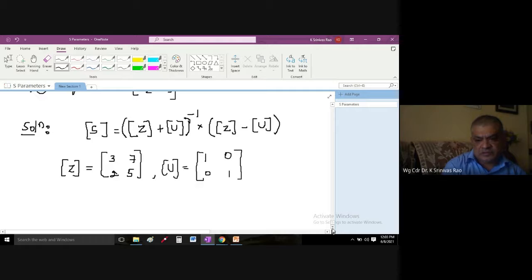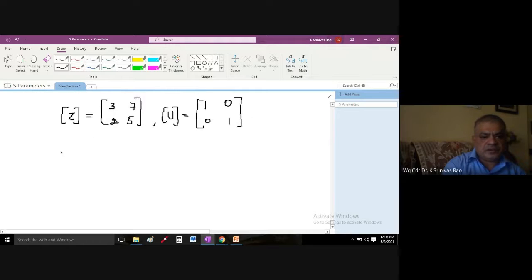Now I'll substitute these values. In the S parameter matrix, the first matrix, that is [3 7; 2 5], plus your unity matrix, that is [1 0; 0 1].